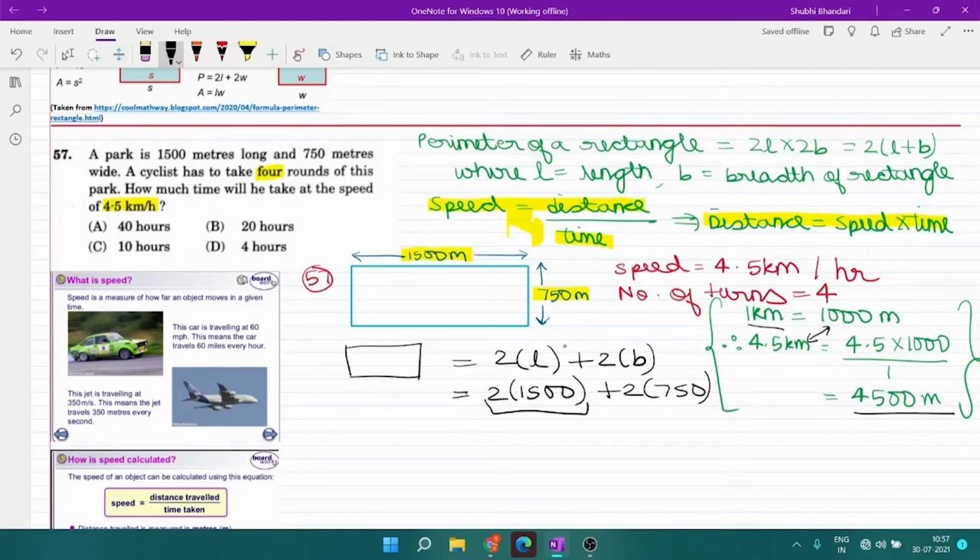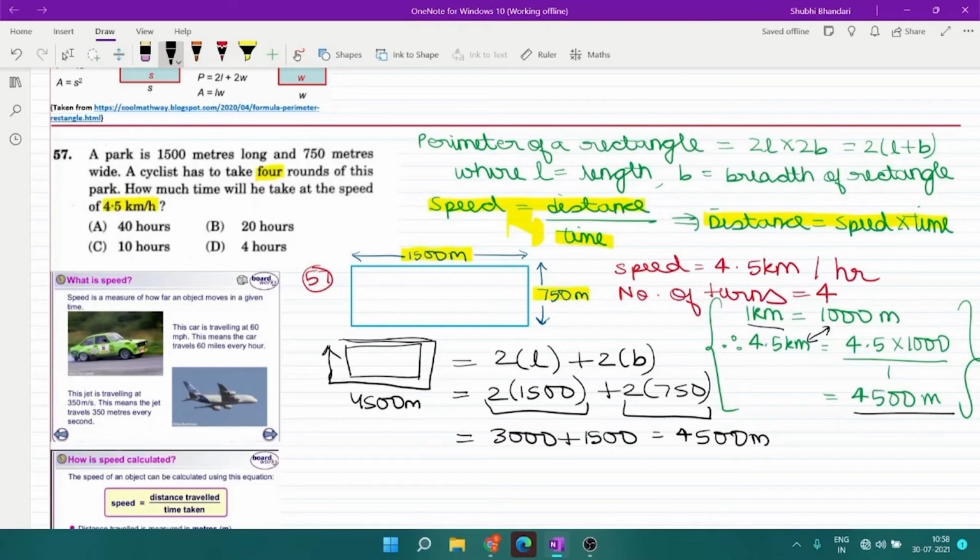This is 3000. 2 into 750 is 1500. 3000 plus 1500, which is 4500 meter. So to complete one round, the cyclist needs to travel 4500 meter.